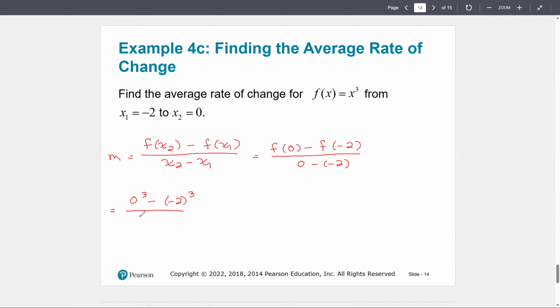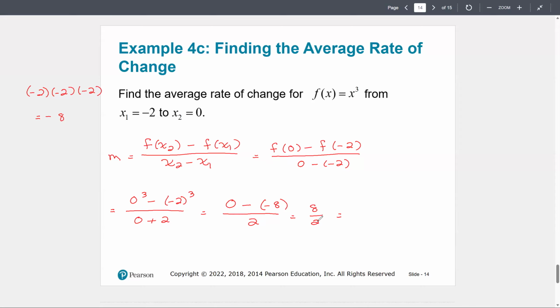And then we have 0, we can say 0 plus 2 if we change that. So 0 cubed is just 0. -2 cubed is -2 times -2 times -2. That's going to be -8. So we're going to be left with 8 over 2. Make sure I got this all right.